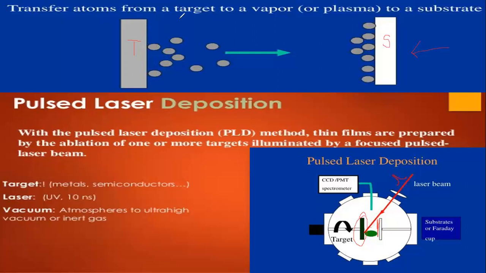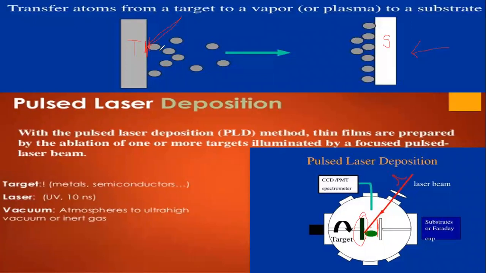Whenever the pulsed plasma strikes the targeted material, at the same time some amount of atoms of the target material is fractured.